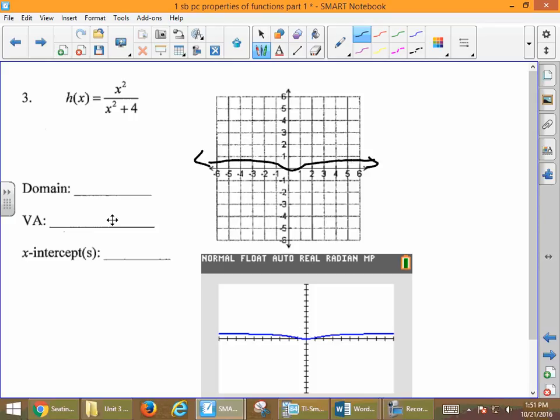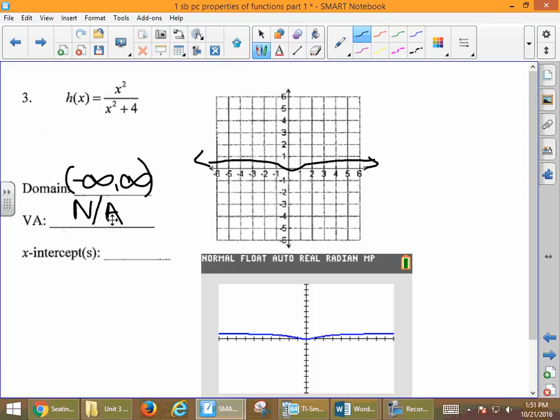And what we learned yesterday is if we can graph our function without lifting our pencil, then our domain is all real numbers. And if our domain is all real numbers, and we don't have a gap in here, that means that we do not have any vertical asymptotes. DNE, does not exist, is good.